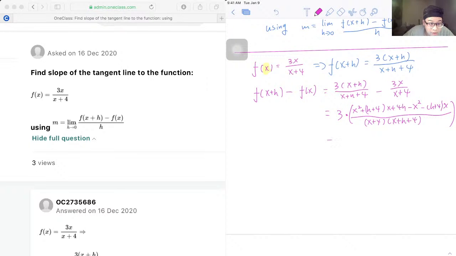Then simplifying that, we will have 12 over (x plus h) times (x plus h plus 4).